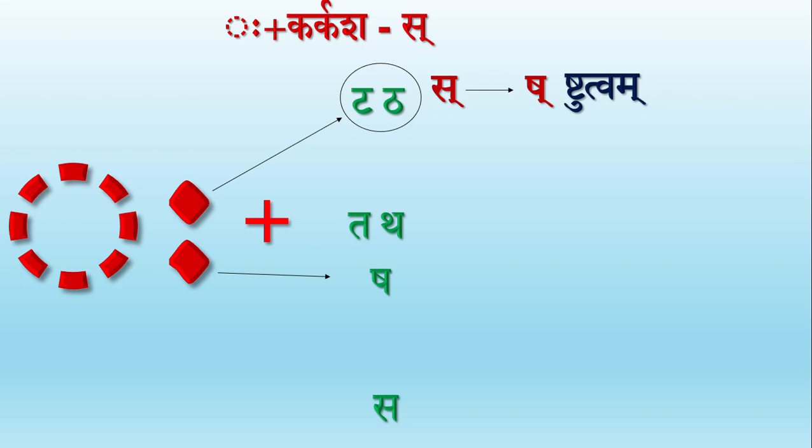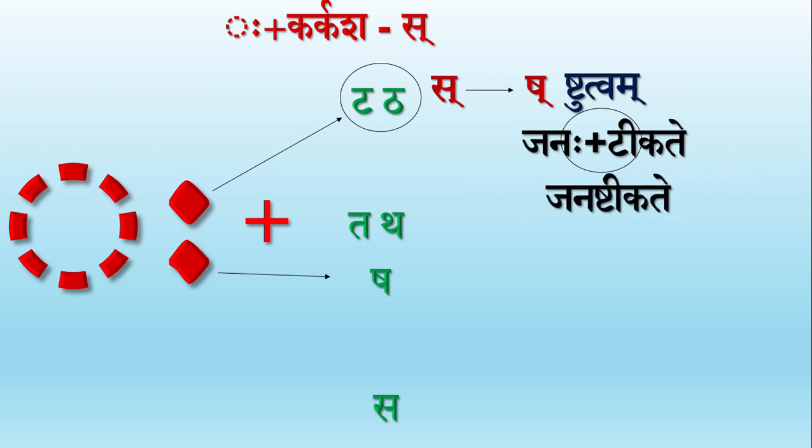For example, we have janaha plus tikate. So there's a karkasha vyanjanam after a visarga. Hence, the final word becomes janashtikate.